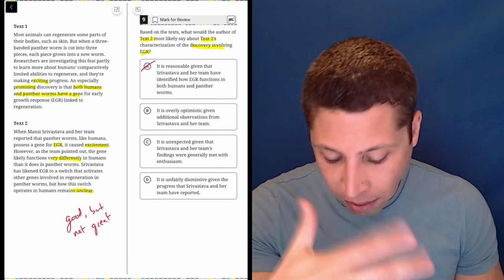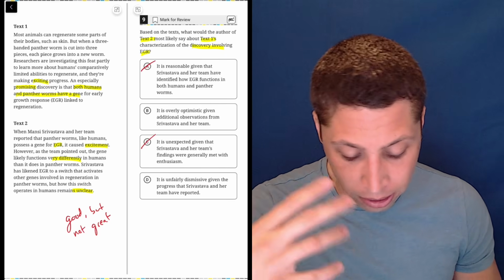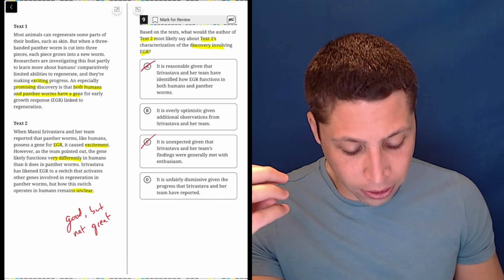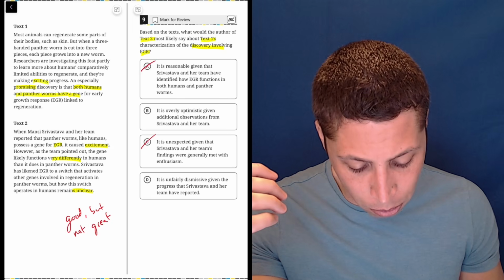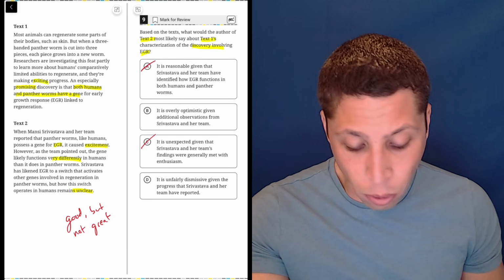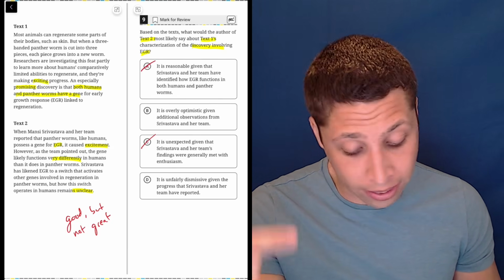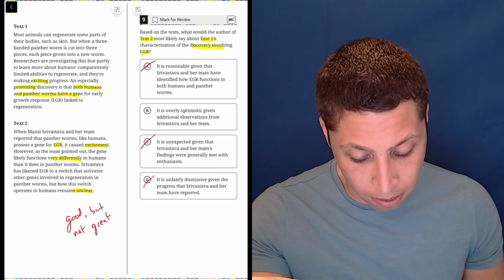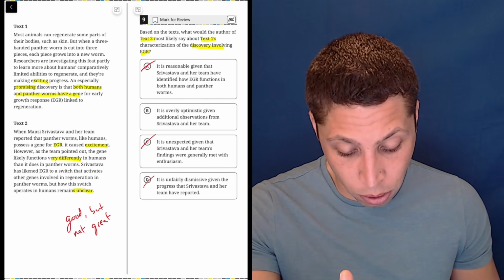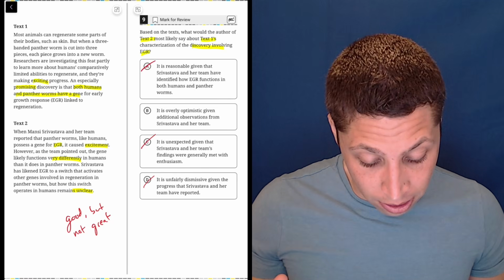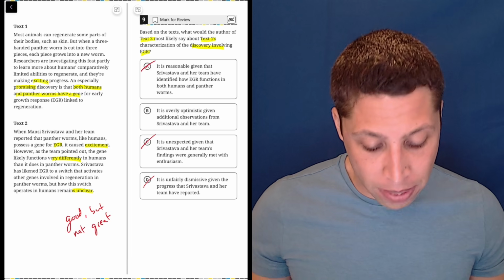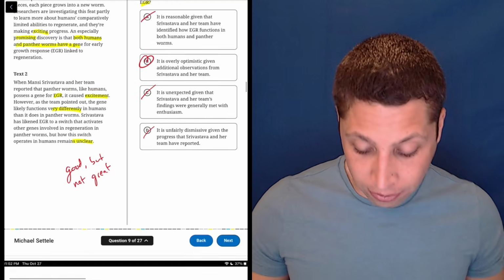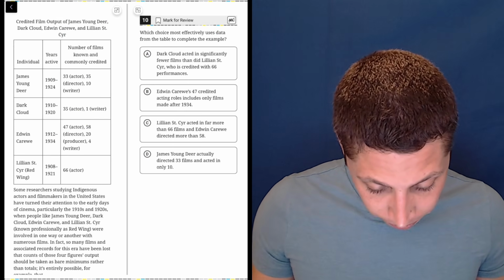They have that however piece in there that says that they're skeptical of some things, so I don't think that's right. It is unfairly dismissive given the progress that she and her team have reported. No, because text 1 is being really, really positive. It's only in text 2 that they get dismissive. So let me just make sure I got this. What would text 2 say about text 1? They would say it's overly optimistic because of what else they found. Yeah, that's definitely it.